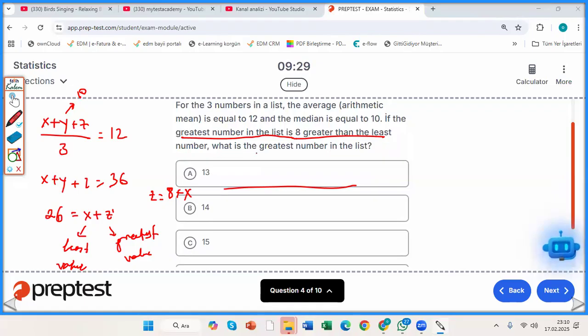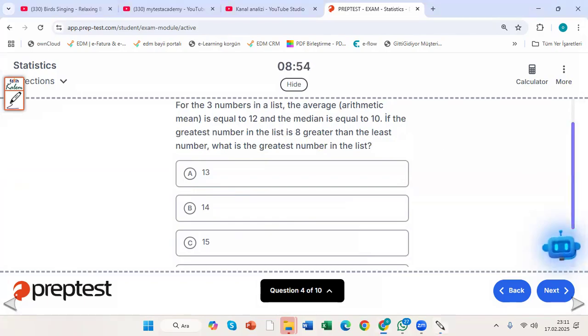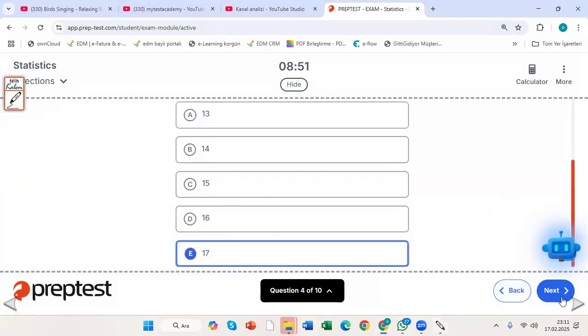We are asked to find the greatest number. We can say that x is z minus 8. So right now 26 is z minus 8 plus z. In other words, 2z is 34, and z, the greatest value, is 17. That's why option E is true for this question.